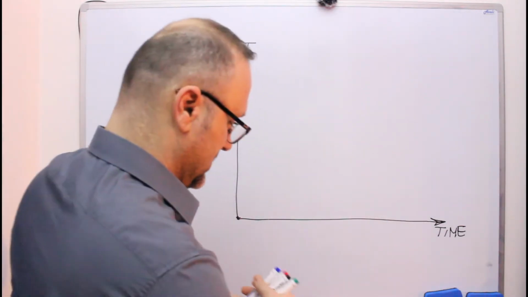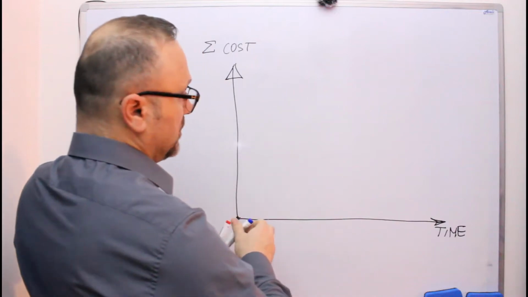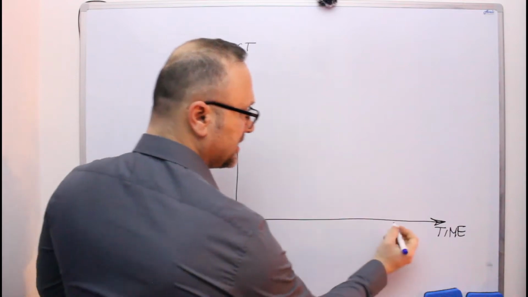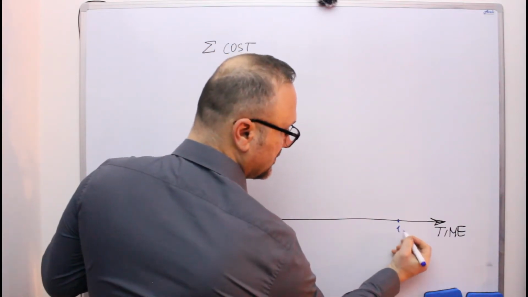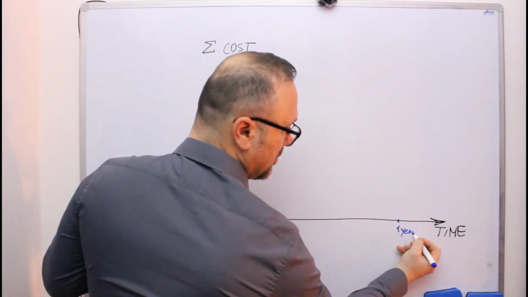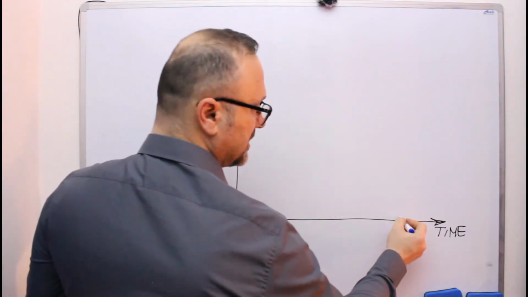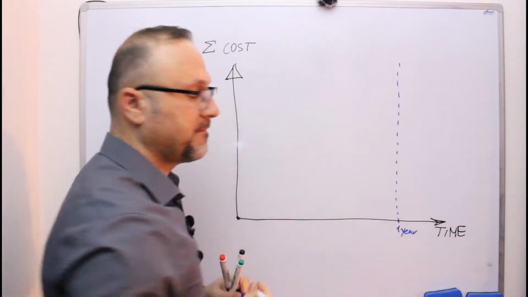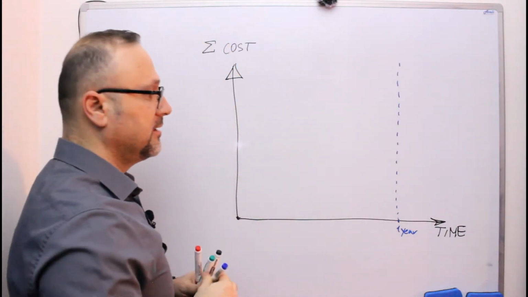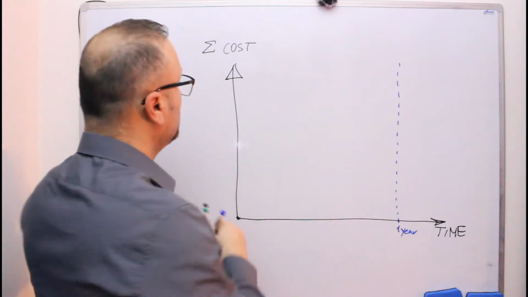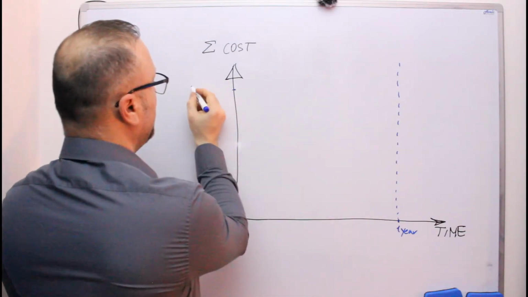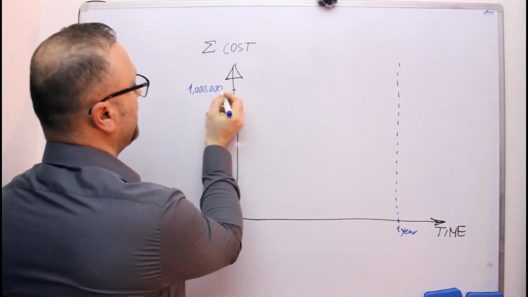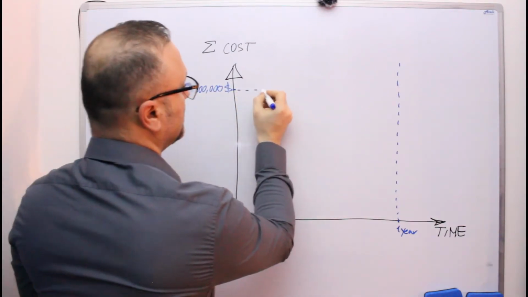Okay, so I have a time of the contract, and let me say that I have 1 year. So my contract is finishing within 1 year. And I have a contract which is 1 million, $1 million US.